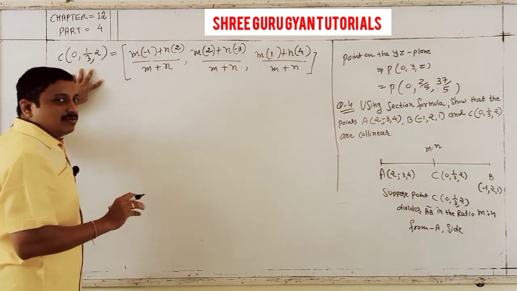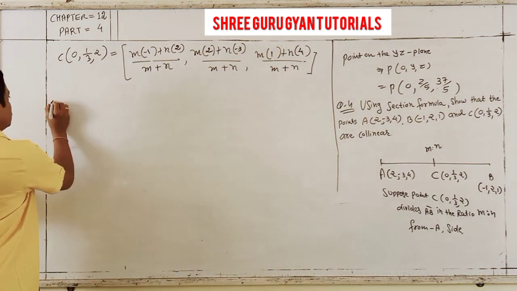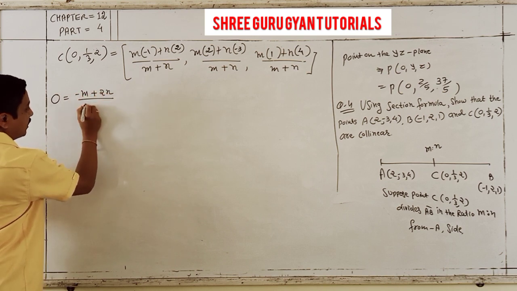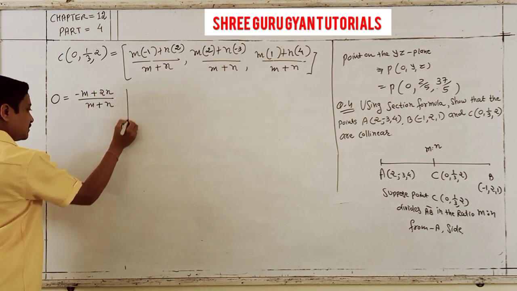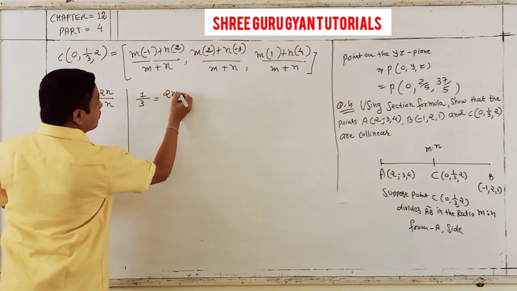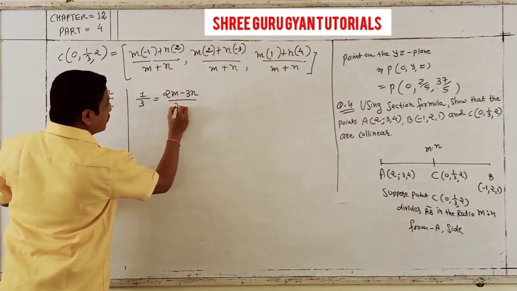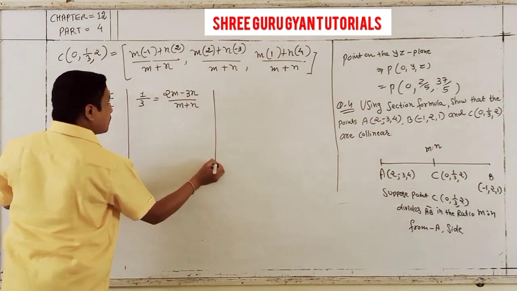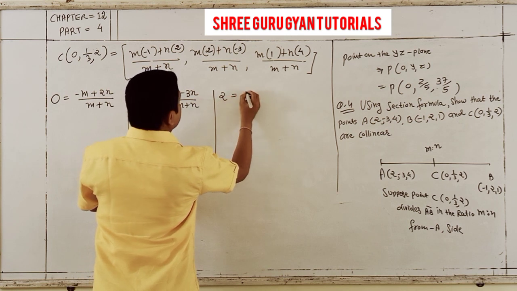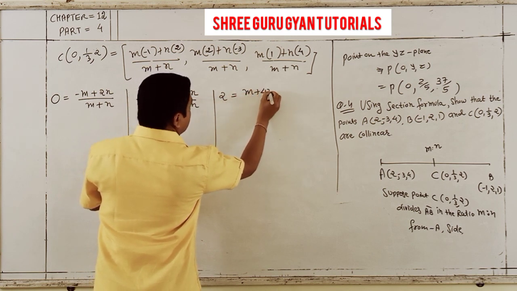Students, here you calculate all 3 cases. First, 0 compare: 2n by m plus n. Same for the second: 2m minus 3n by m plus n, and the last 2 is equal to m plus 4n by m plus n.